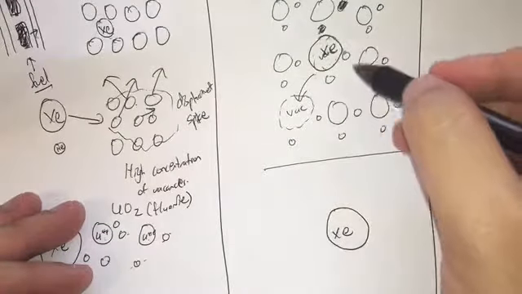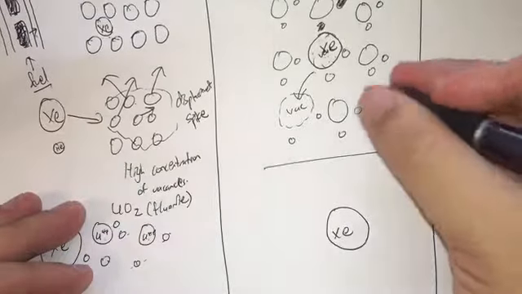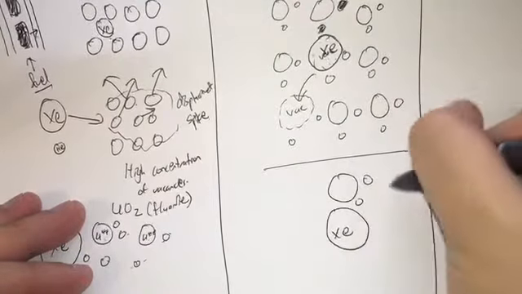These will form a vacancy, sort of a cluster-like thing. So it's a kind of a complex. So what you have is things like this.